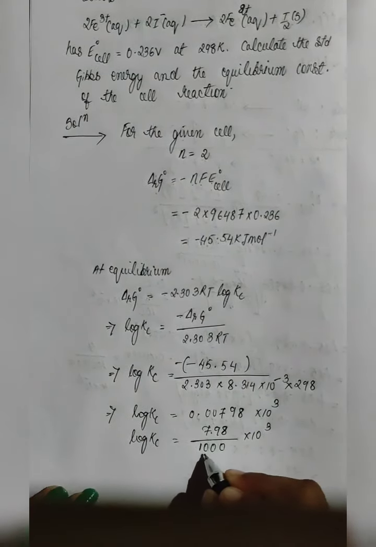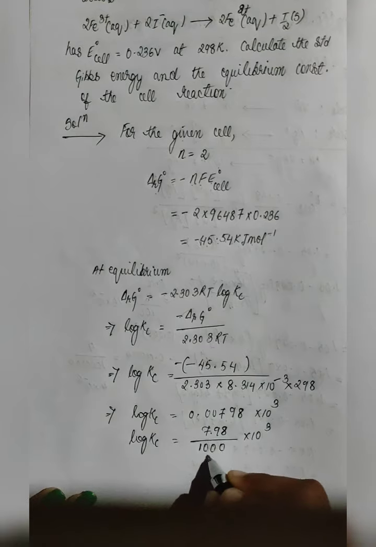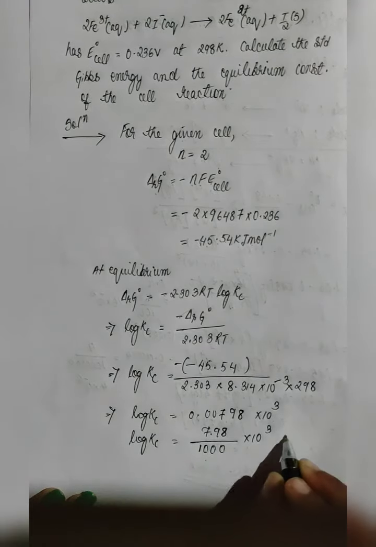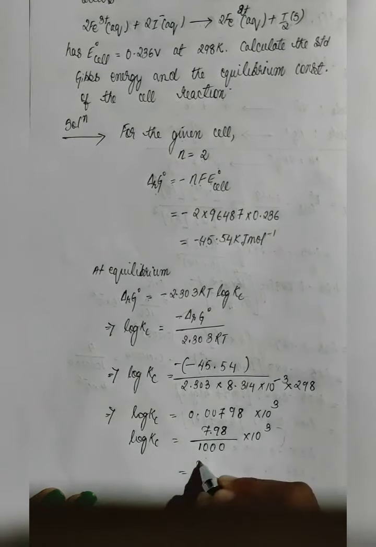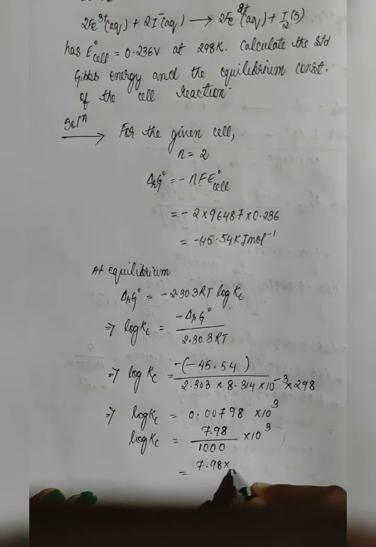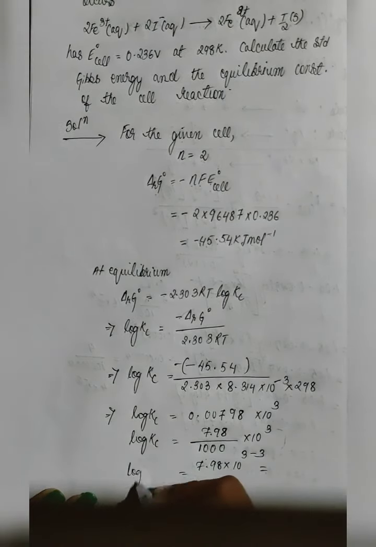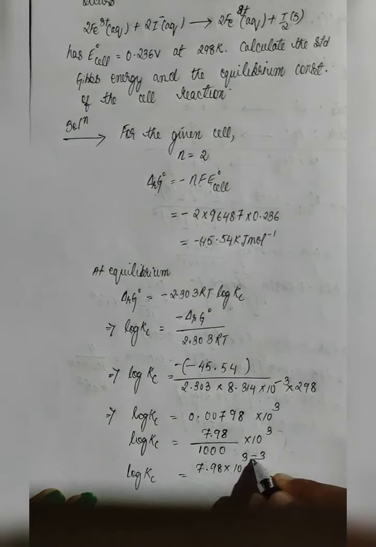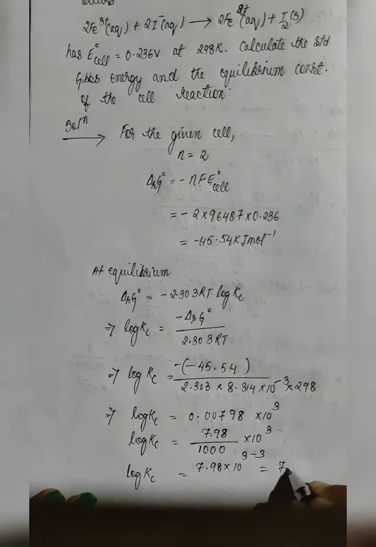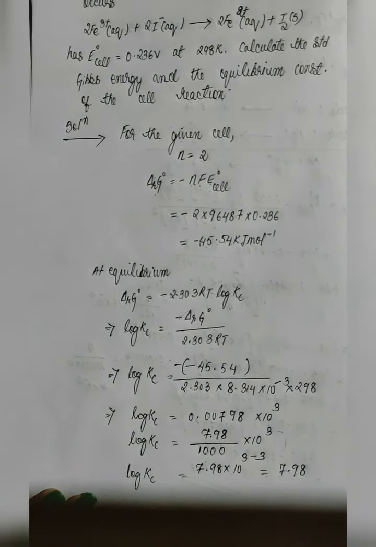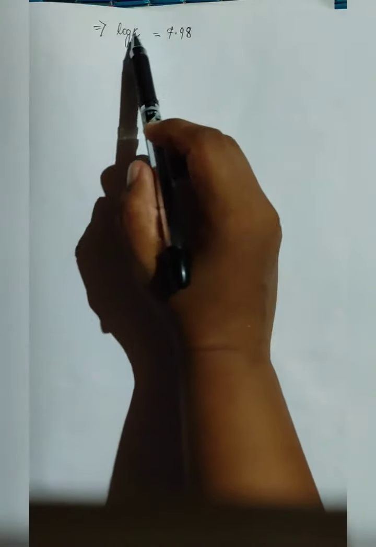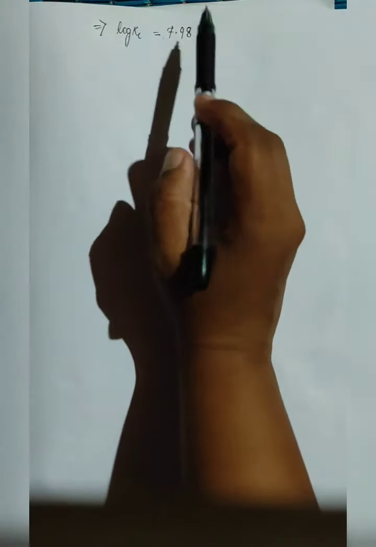How many zeros are there? 3 zeros. So what can be written? 10 to the power 3. Now when it goes to the numerator, it can be written as 10 to the power minus 3. So ultimately 3 minus 3 is 0, and we get 7.98. So from the calculation we got log Kc value as 7.98.